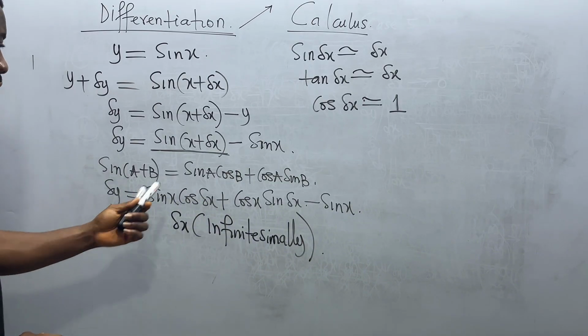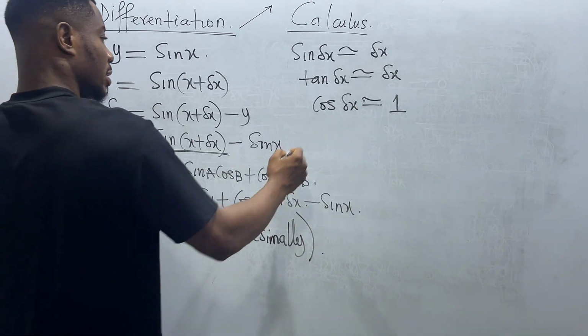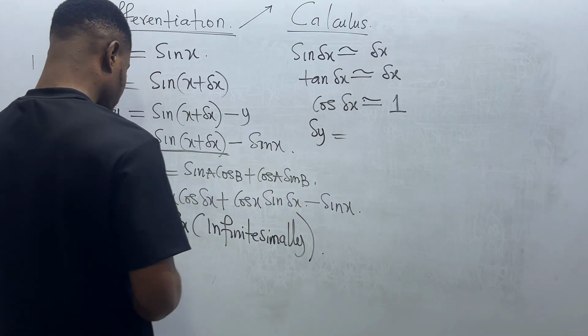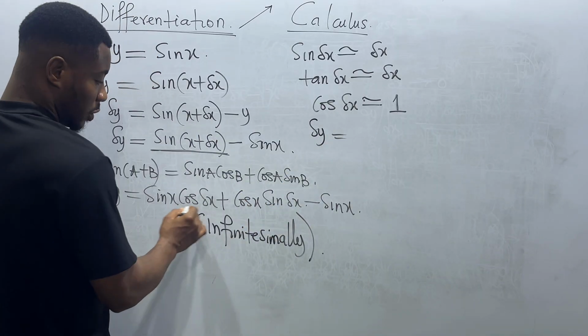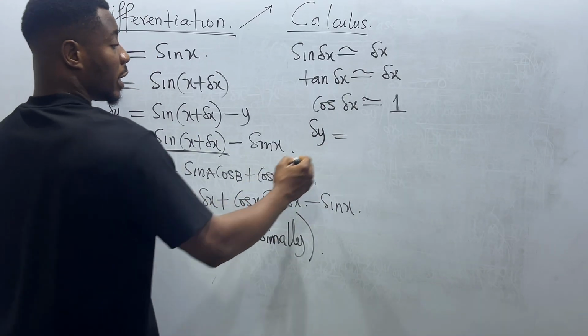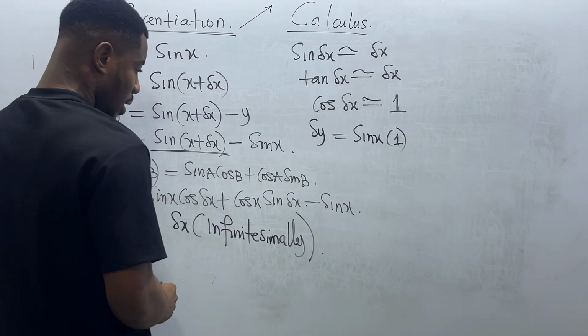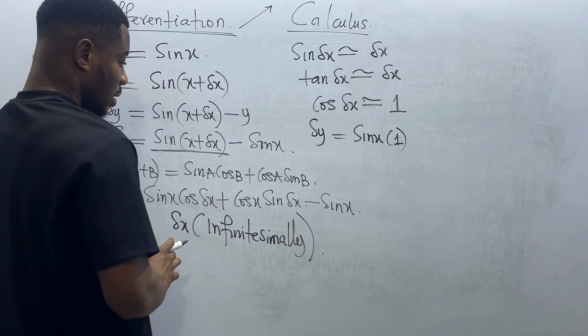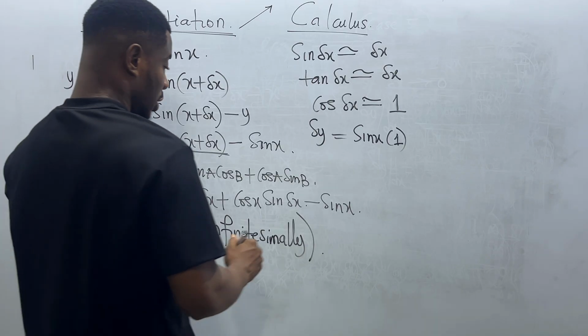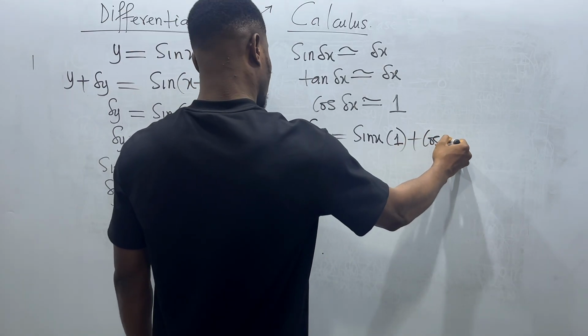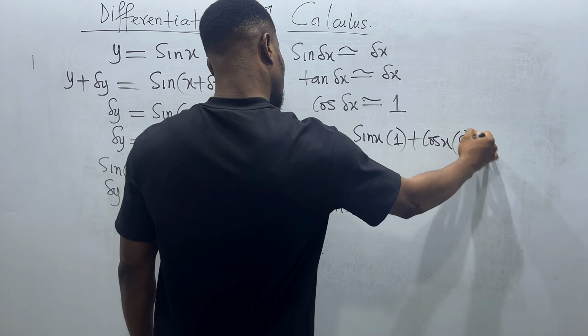So if I substitute what I have just said here, I can say that change in y is equal to, where I see cos change in x, I'll put 1. So I have sine x into 1, and where I see sine change in x, I'll put change in x. So it becomes plus cos x into change in x.